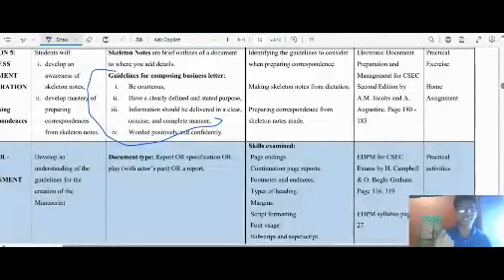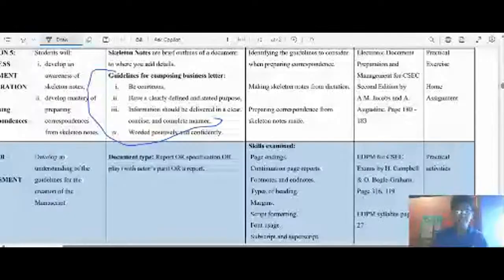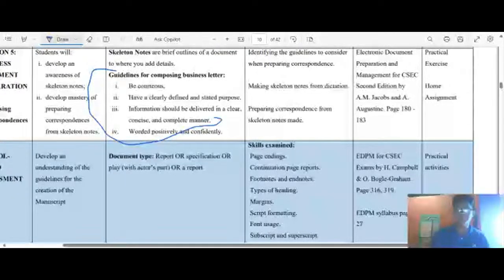Information should be delivered in a clear, concise, and complete manner. There is no need for explaining yourself. Be concise, get to the point, and state it confidently. There is no need for overthinking it. Just make sure that your wording is clear, concise, and well articulated, and stuff along those lines.